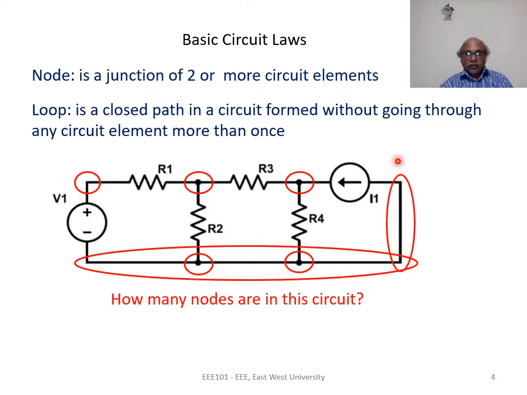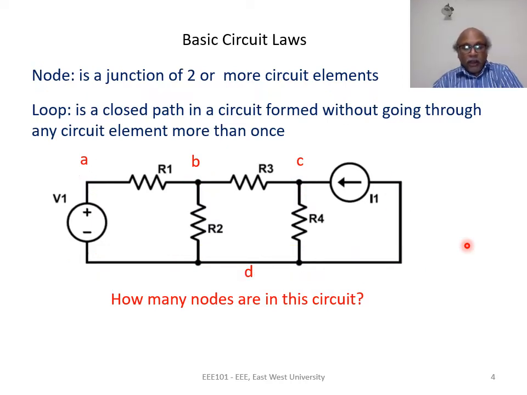So this entire part we will call one node. So how many nodes do we have in this circuit? 4. 1, 2, 3, and the bottom part is one single node. We will give each node a name: A, B, C and D. So this circuit contains 4 different nodes which we have named A, B, C and D.